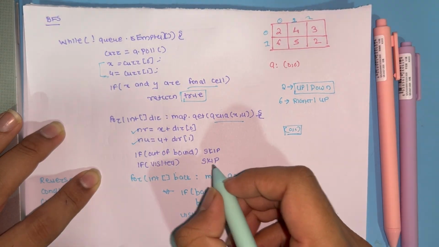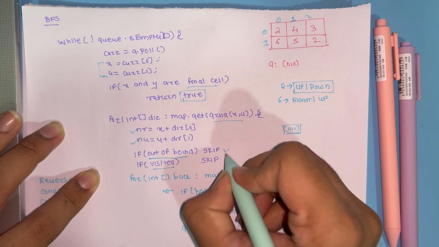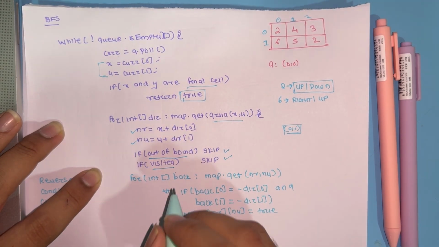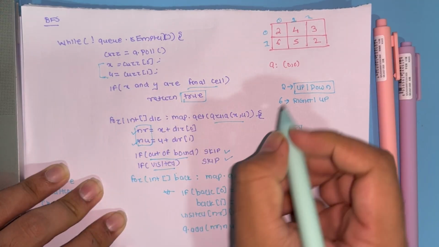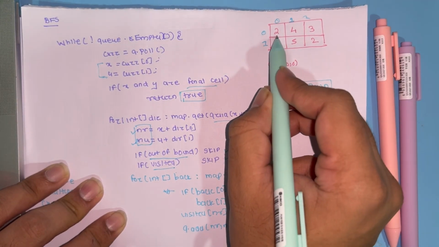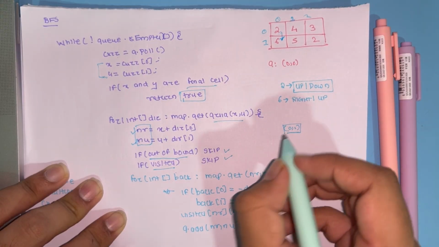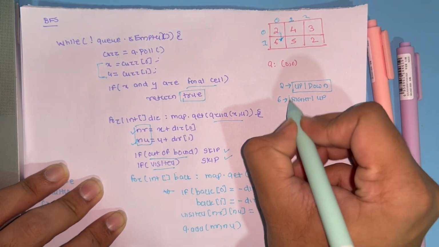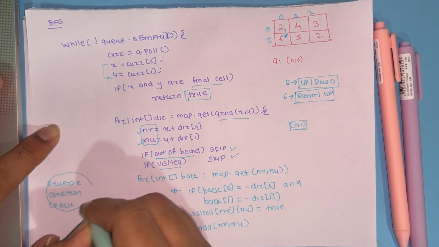Now we will see if the new x and new y is out of bound, or it is already visited, we'll just skip in both the cases. Or else what we'll do is we will check what value this new x and new y are providing us. So in this case, if we are at 2, and from 2 we move down to 6, for 6 the directions we are getting are right and up. Now what we are doing here is we are just checking the reverse condition.